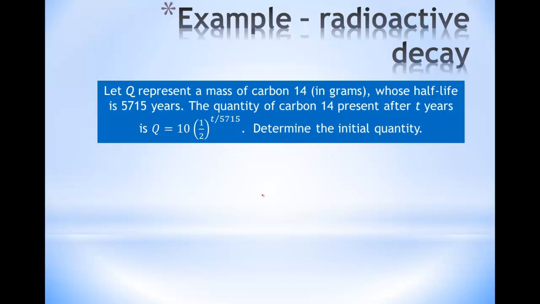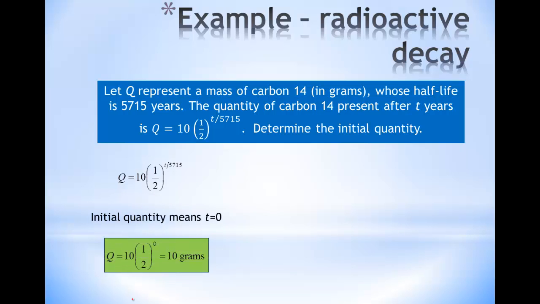I determine the initial quantity. Well, the initial quantity is simply when T is equal to 0. So if I plug in T equals 0 here, remember anything to the 0th power is 1, so I start with 10 grams. So I'm starting with 10 grams here. And I want to know how much I have after 2,000 years.